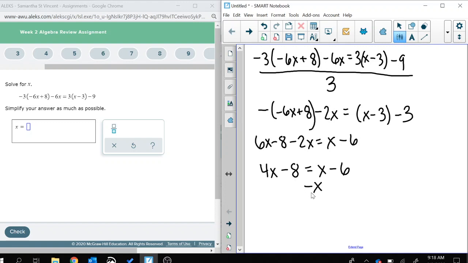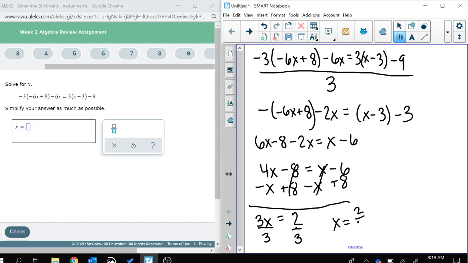I can subtract my x from both sides and add my 8 to both sides. So those go away and those go away, so I'm left with 3x equals 2. And then you can divide both sides by 3 so that you get x equals 2/3.